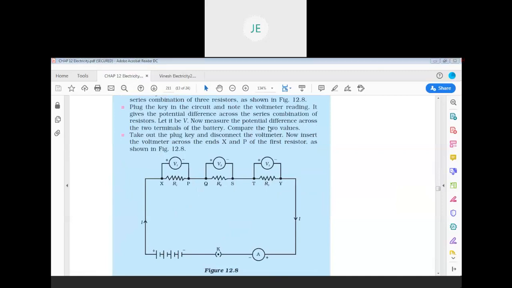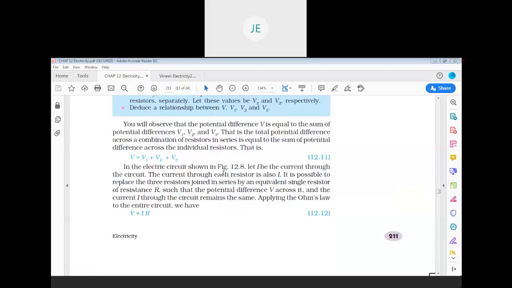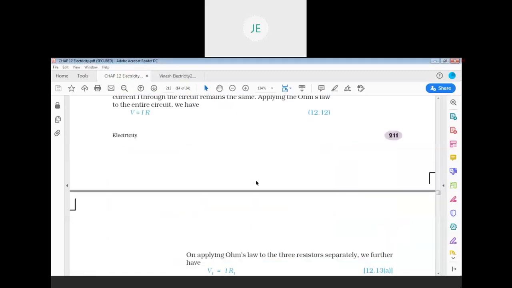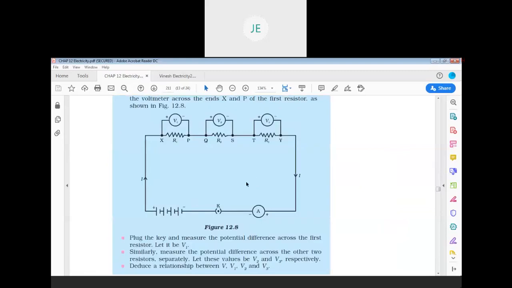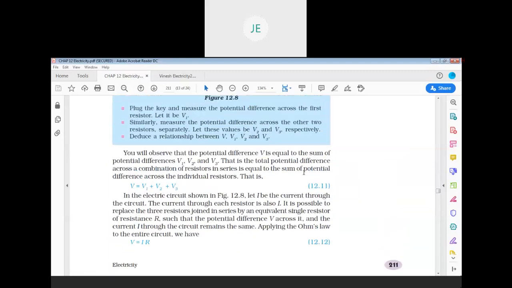In the electric circuit shown in figure 12.8, let I be the current through the circuit. The current through each resistor is also I. It is possible to replace the three resistors joined in series by an equivalent single resistor R, such that the potential difference V across it and the current I through the circuit remain the same.